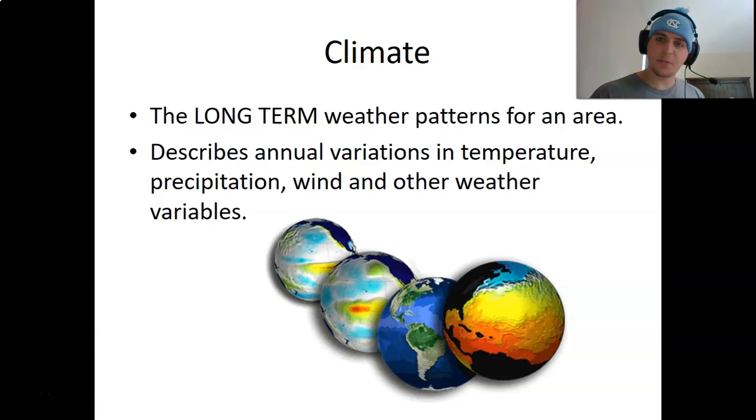I think we've talked about this before in a different lecture, but an example of the difference between climate and weather is that the climate in Florida is generally warm with a lot of rain, warm and wet. But sometimes it snows in Florida. Sometimes the weather, the single days, at that time is cold and dry, but most of the time the trend is warm and wet.